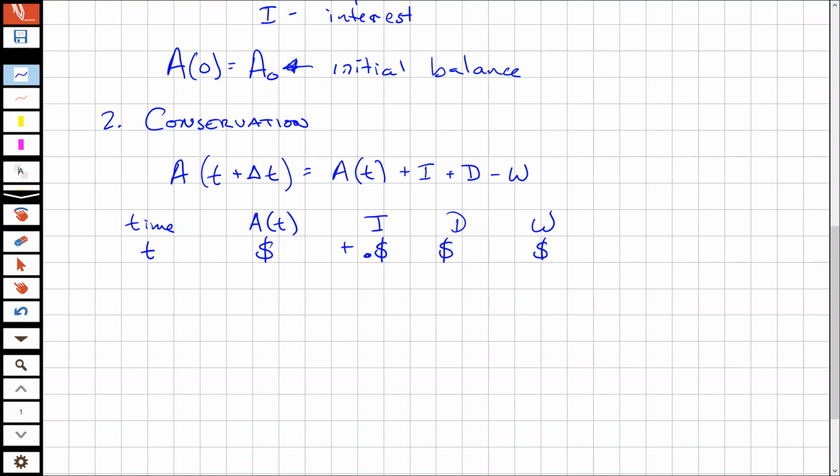We want to add the interest, add the deposits, subtract whatever withdrawals we have. And then this will all equal our A at t plus delta t. So we'll get some dollar amount. We don't really care about the values, this is just for example here. But this is how you would keep track of things in your bank book.